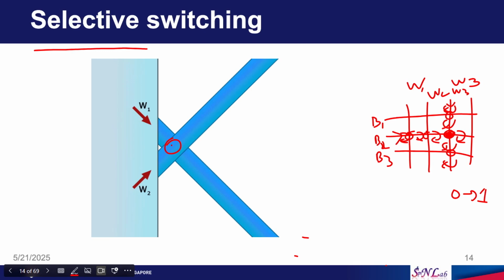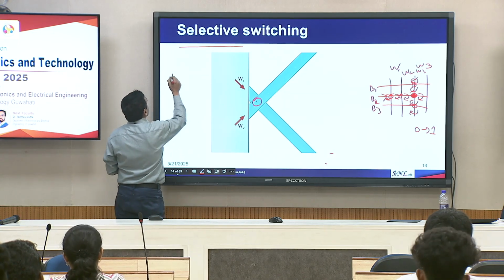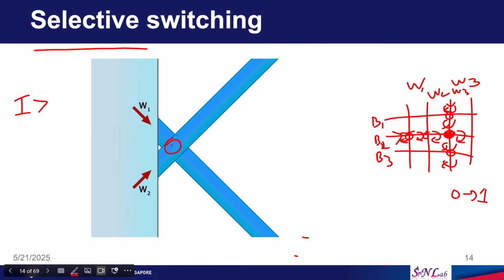So what we are doing is sending a current lower than a certain critical current, so that no MTJ along this wire switches.